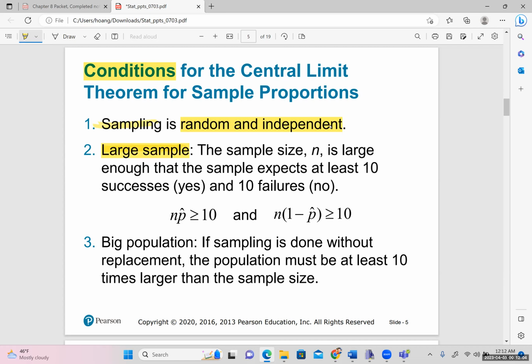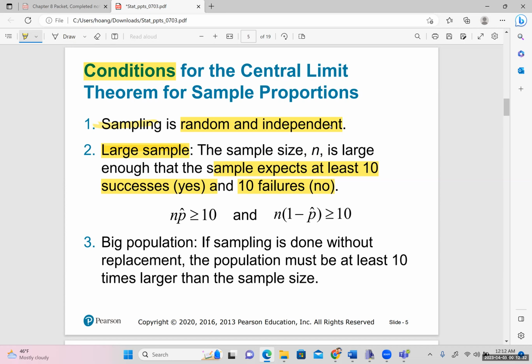The sample size, usually labeled n, is large enough that we expect at least 10 successes and 10 failures. So you want to have 10 people say yes and 10 people say no.